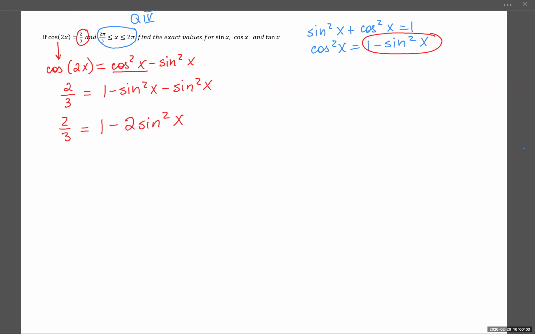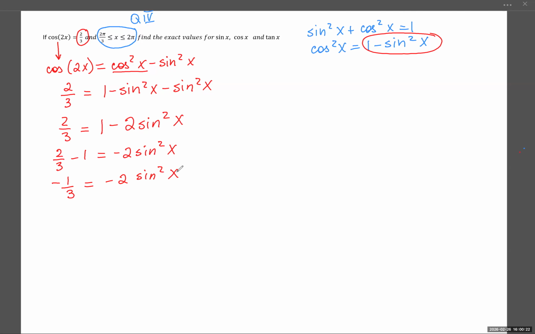We're going to subtract 1 from both sides. So this is 2/3 minus 1 equals negative 2 sine squared x. 2/3 minus 1, 1 can be represented as 3/3. So this is just negative 1/3 equals negative 2 sine squared x.